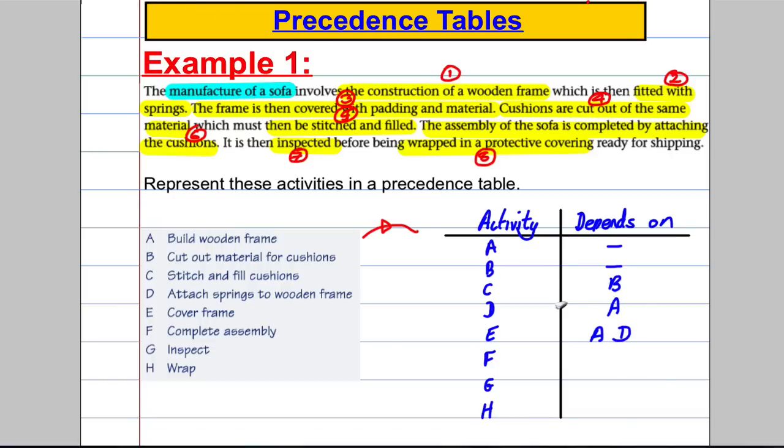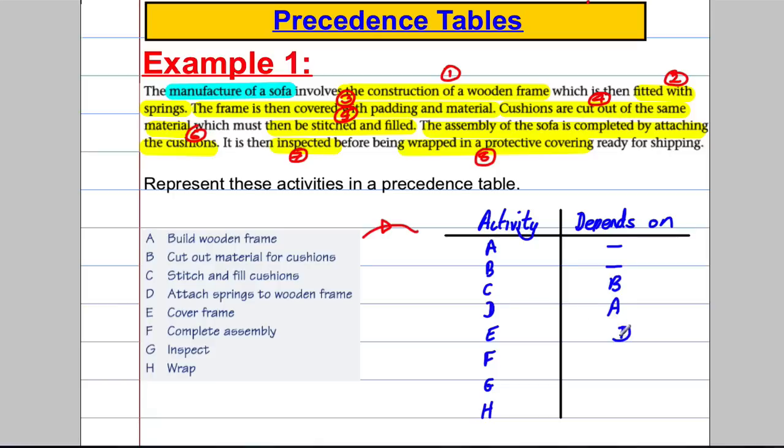The reason is, in a precedence table, we wouldn't put A in there, we'd just put D. The reason we do this is because D already depends on A having happened. So the very fact that we're saying E depends on D having happened, that by implication shows that it depends on A as well. So in a precedence table, we only show immediate dependence, not implied dependence.